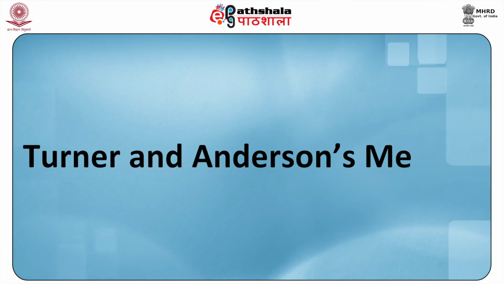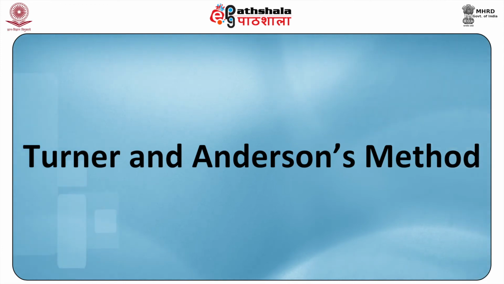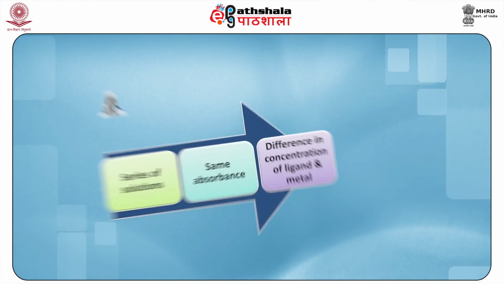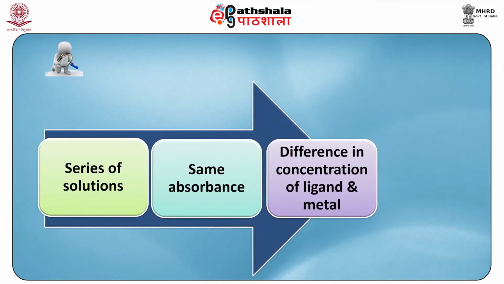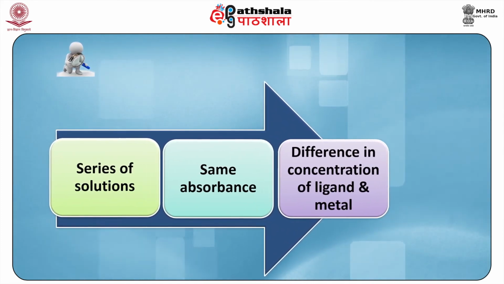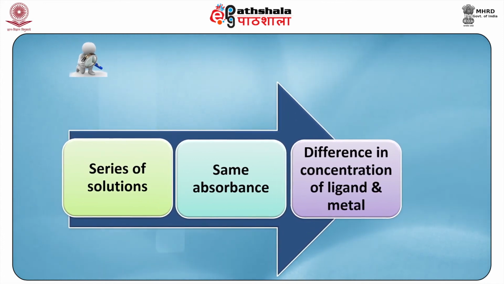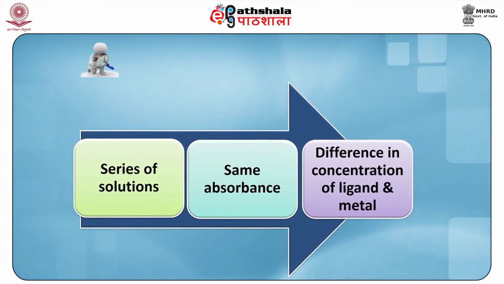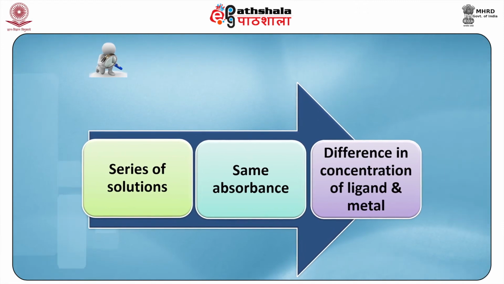Let us now study another method, Turner and Anderson's method. Turner and Anderson's method is also known as the matching absorbance method and is applicable for determination of stability constants of the complexes. A series of solutions is prepared that exhibit the same absorbance despite differences in the concentration of ligand and metal.